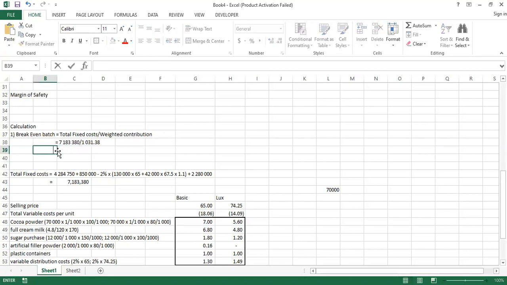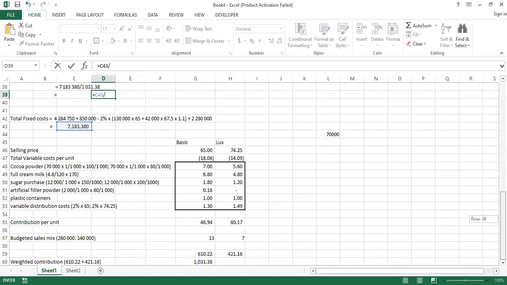Now this is supposed to give us our break-even batch. Let's divide it there. So it's going to be 71, right? It's this amount here, divided by this amount here. So this is our amount there.